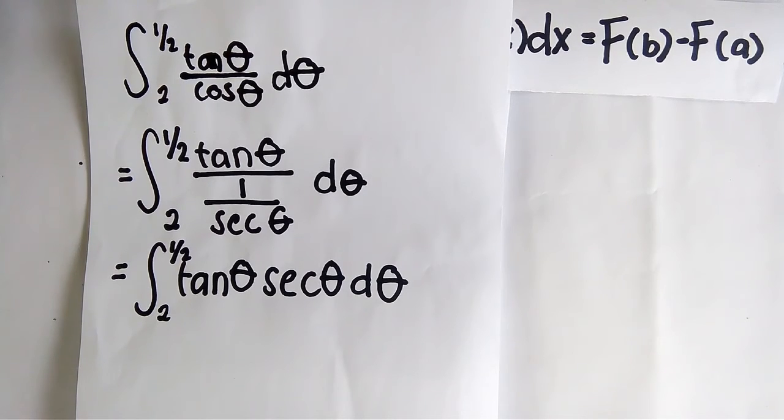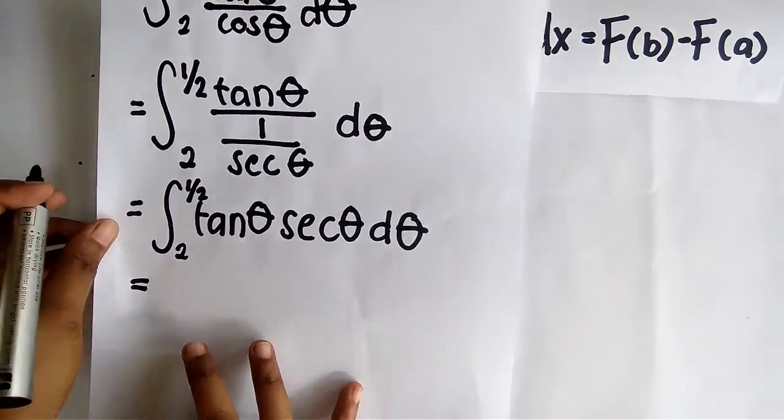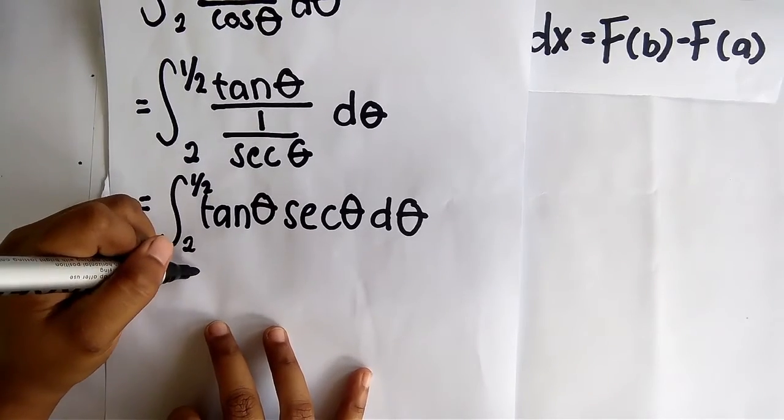So we all know that the antiderivative of tangent theta secant theta is equal to secant theta.